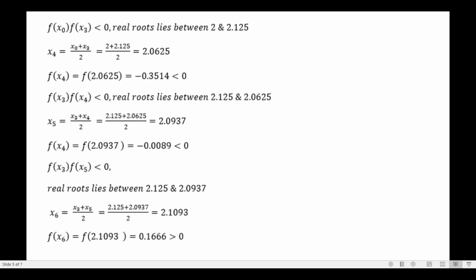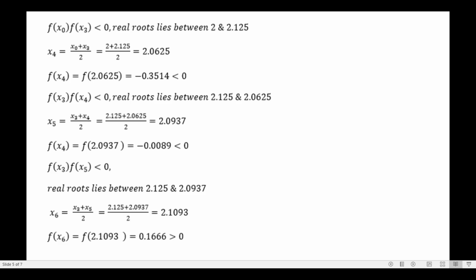Now we measure in the iterative method the next root, that is 2 plus 2.125 divided by 2, that is 2.0625. So for this root we measure the functional value, that is f of 2.0625, which equals minus 0.3514, which is less than 0. Here we got the functional value less than 0.